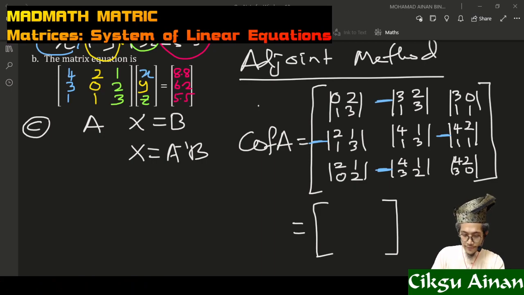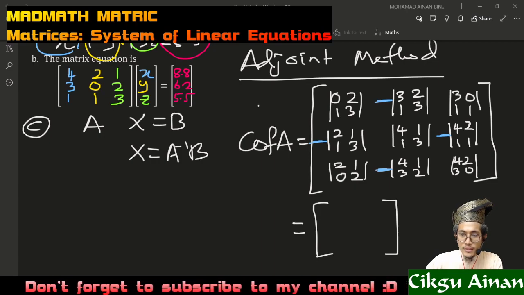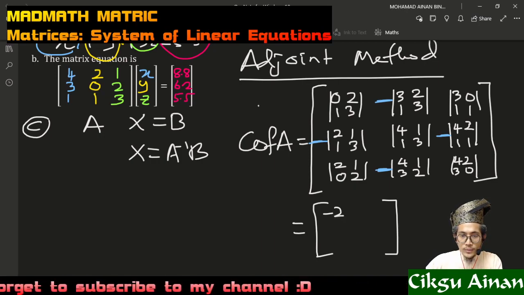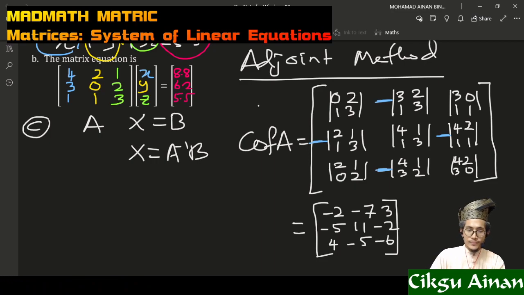And find the cofactor, and the cofactor is minus 2, minus 7, 3, minus 5, 11, minus 2, 4, minus 5, minus 6. So this is the cofactor.